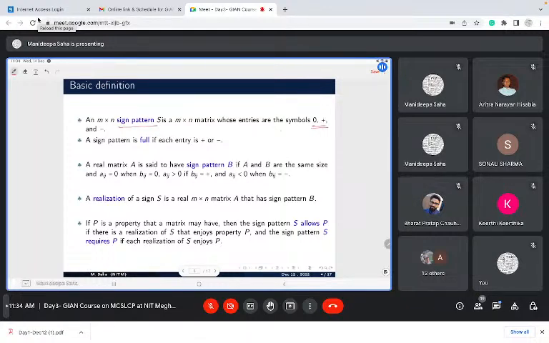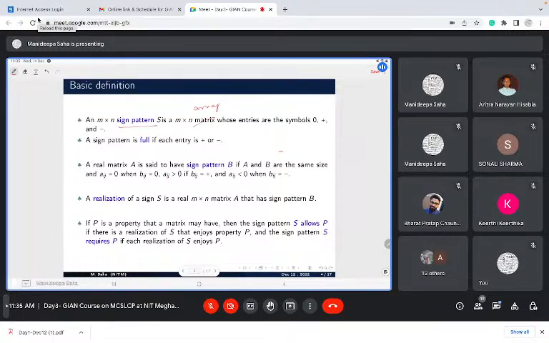So it means something like this: this is plus, this is minus, and 0. This is plus, then this is 0, maybe minus. That's the reason many people don't call it a matrix but instead call it an array of symbols.